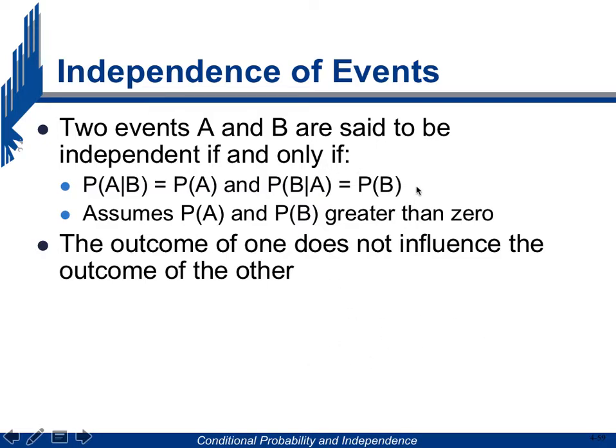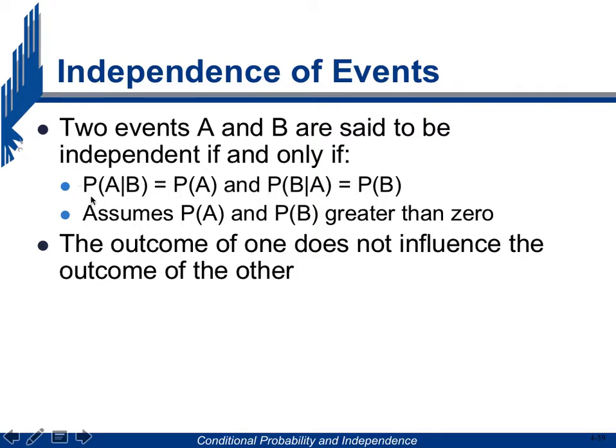So the two events do not influence each other, they don't affect each other. And to determine if events A and B are independent, we can check using these two equations. If P of A given B is equal to P of A, and if P of B given A is equal to P of B, then we can say that events A and B are independent.